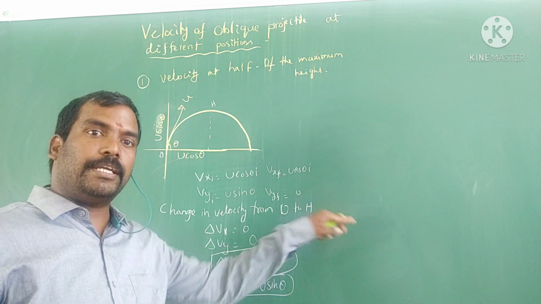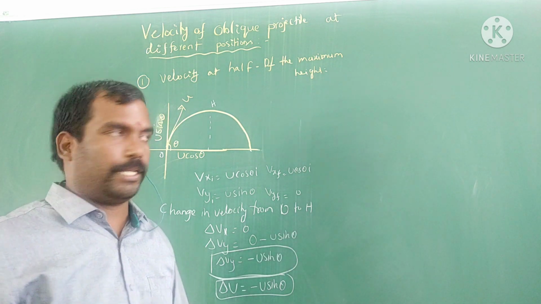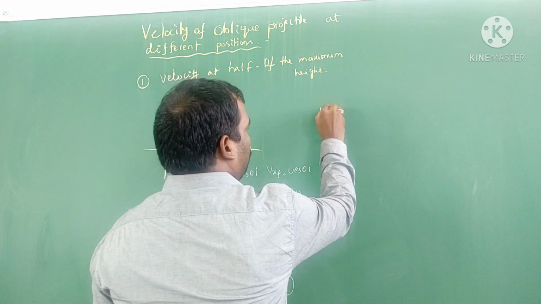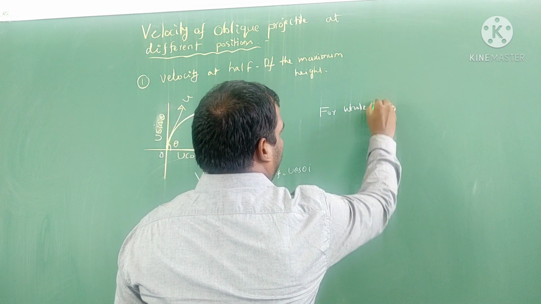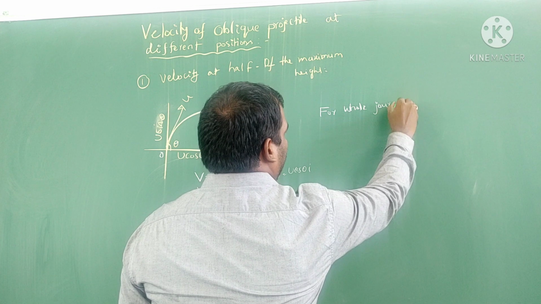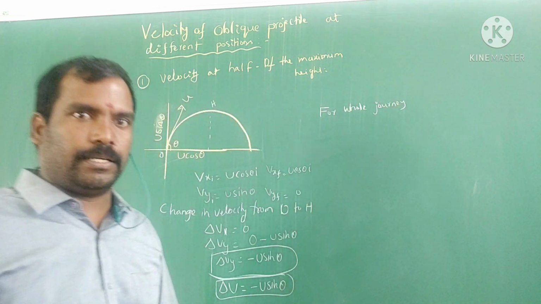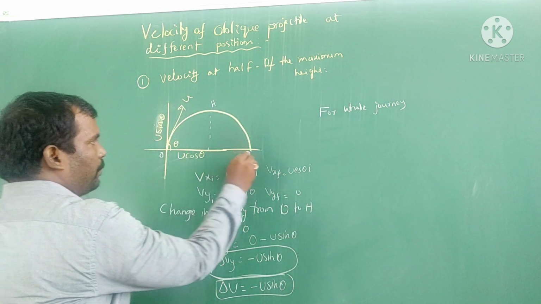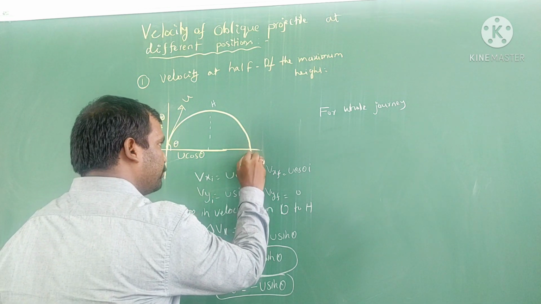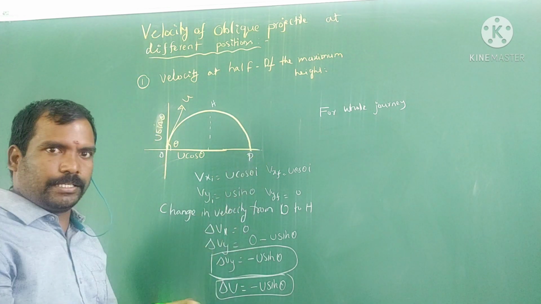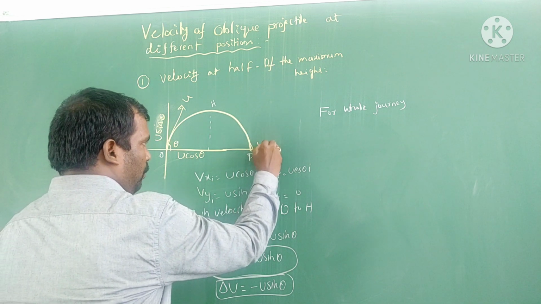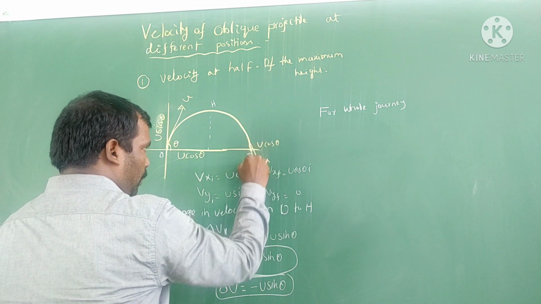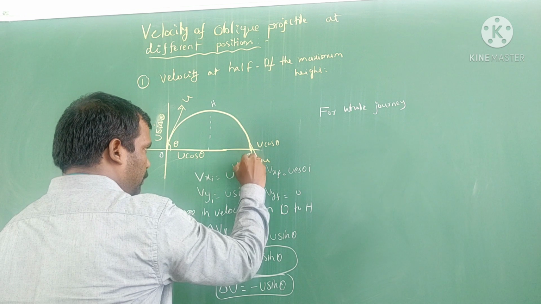Whereas the change in velocity for the whole journey, in the sense from the point of projection to the point of landing. In the landing case also, it will have speed u. This is u cos theta, this is u sin theta.